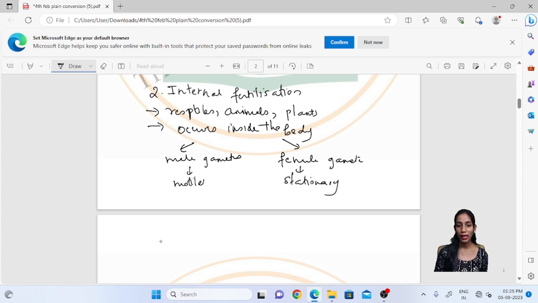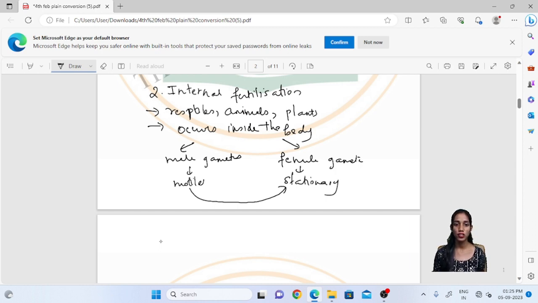So the male gamete is the motile one, which means it is able to move, and the female gamete is the stationary one. So the mechanism is the male gamete, being motile, will move and reach the female gamete, and there the fusion will happen.